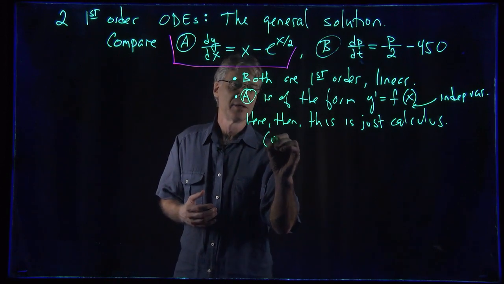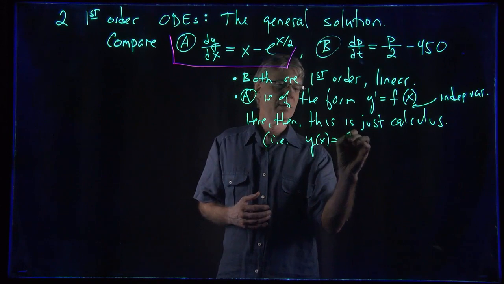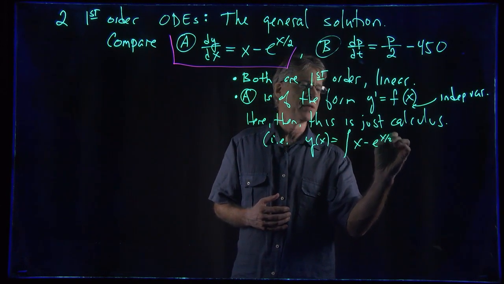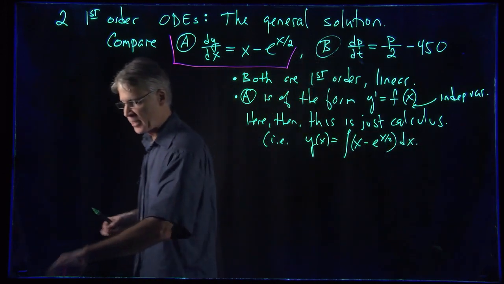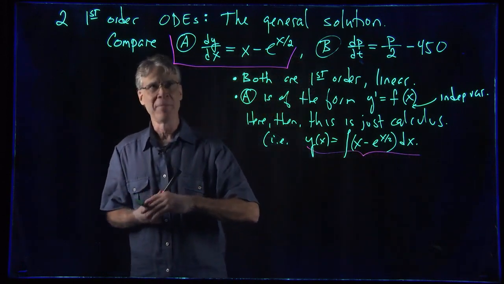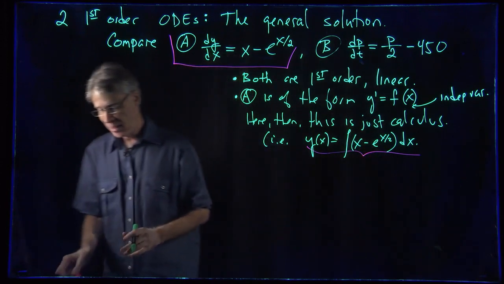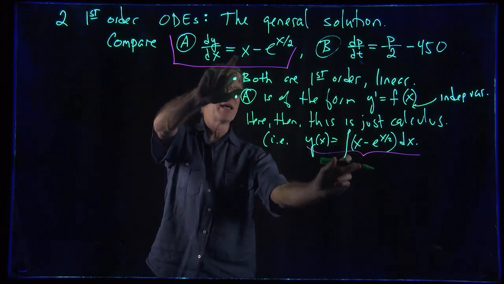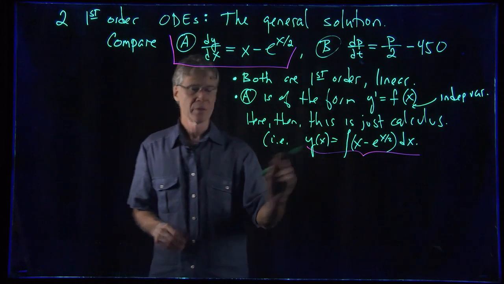In essence, y of x equals the antiderivative of x minus e to the x over 2 dx. What's kind of funny is that this has a name. If these are called differential equations, you can guess what this is called. It's called an integral equation. In essence, these are the same equation because they're giving really the same information. So that's this one.